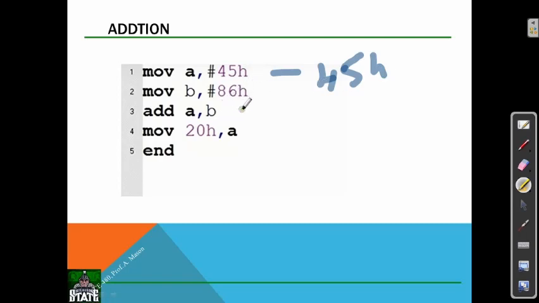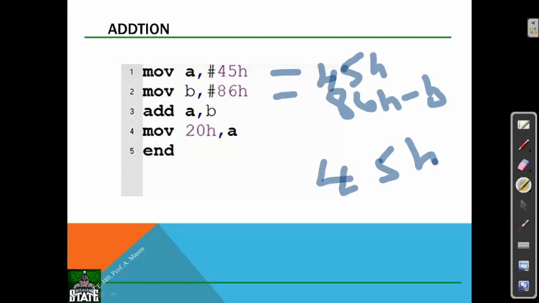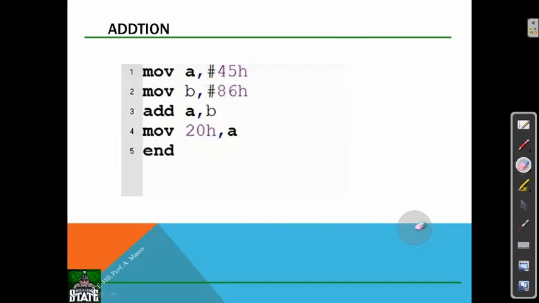The next step is 86H: the 86 hexadecimal value moves to B. Then ADD A, B means this B is added to A. Already in accumulator A there is 45H and in B there is 86H. With the addition we get the result. This is the simple addition program for the microprocessor.